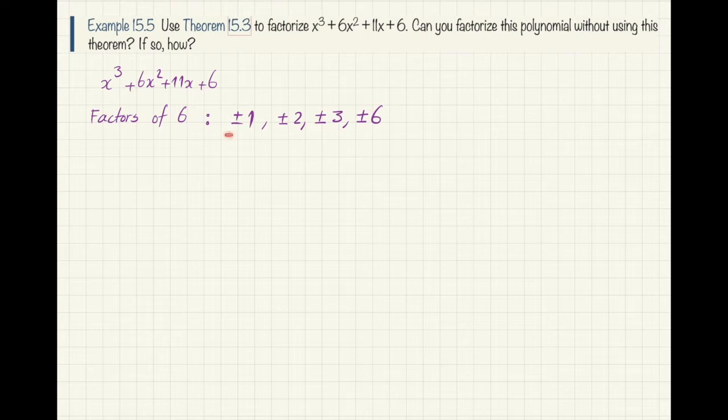But if my list ends and I cannot find any root in this list, it means that this polynomial doesn't have any integer roots. Then on the next pages I will come back to see if we still can factorize the polynomial or not.